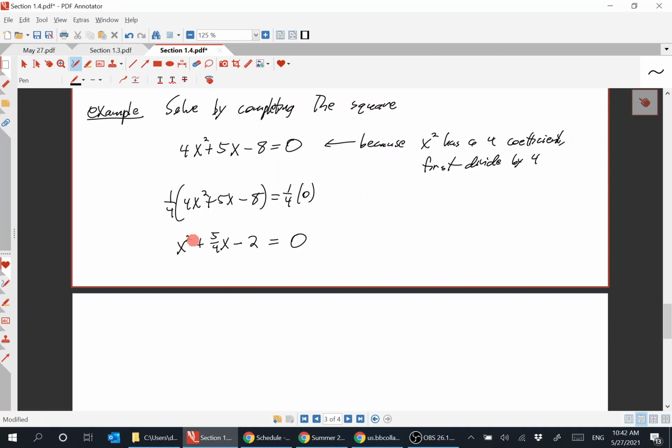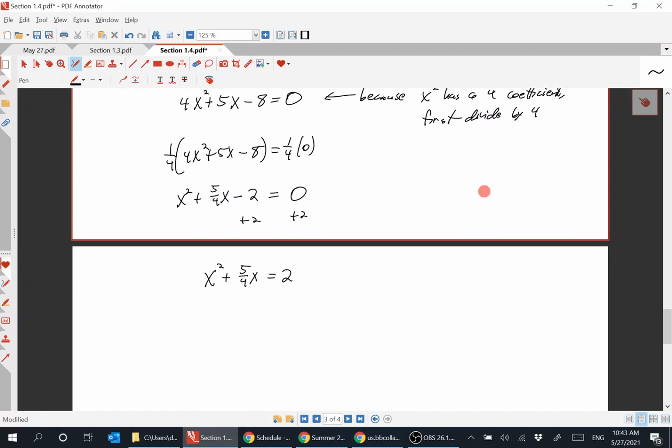Now I just have a 1 in front of the x squared. Move the 2 over to the right, so the constant's over on the right and all the x's are on the left. So I have x squared plus 5/4 x equals 2.